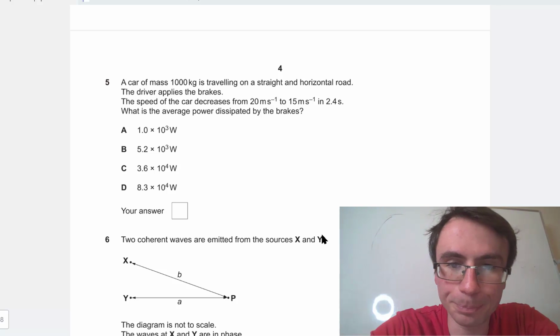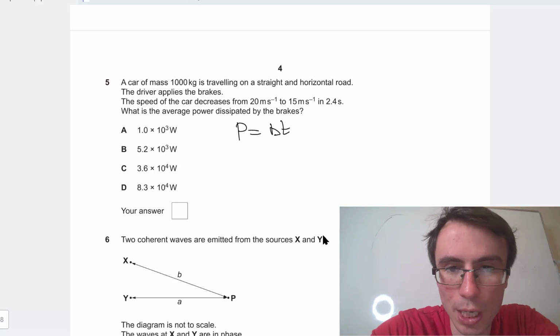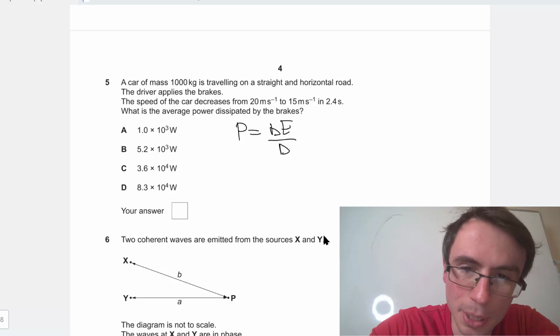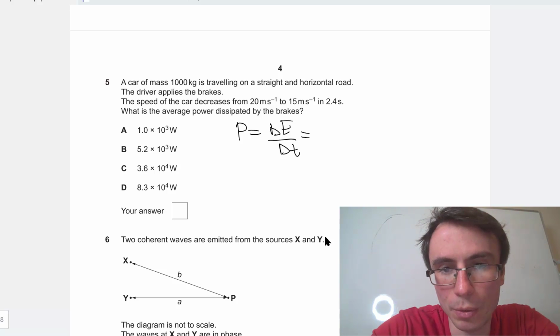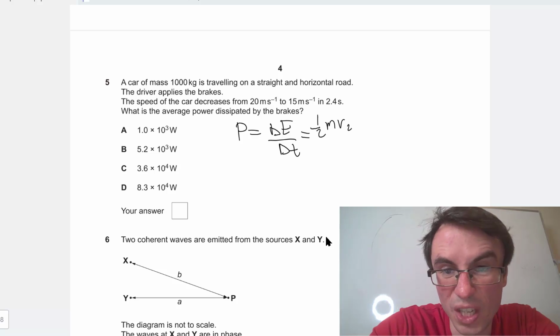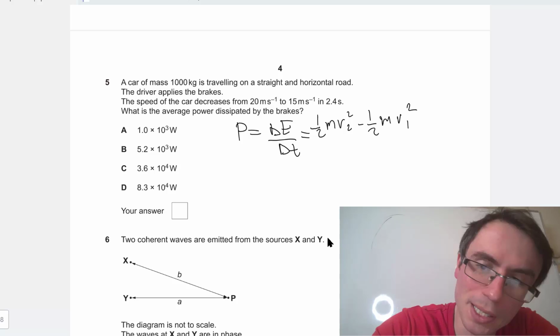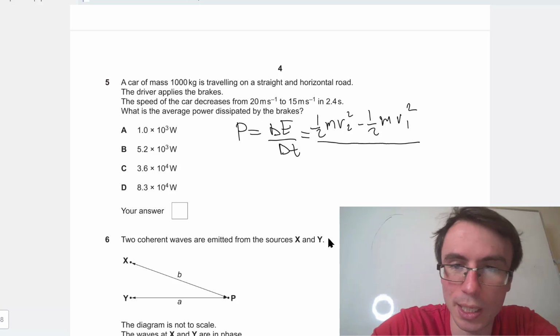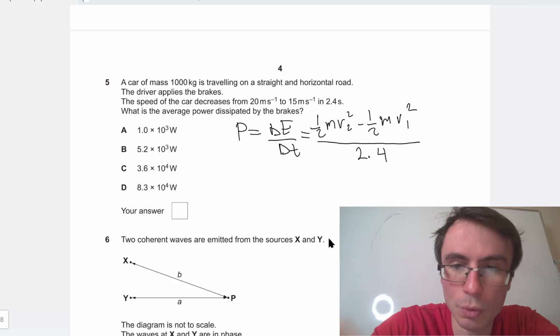Power is equal to the change of energy per unit time, which is going to equal half m v2 squared, take away half m v1 squared, basically the change in kinetic energy, divided by delta t, which in this case is 2.4.